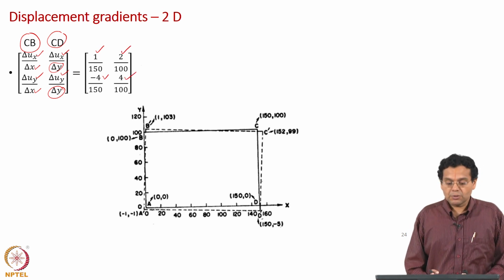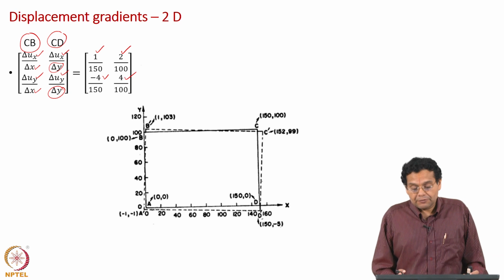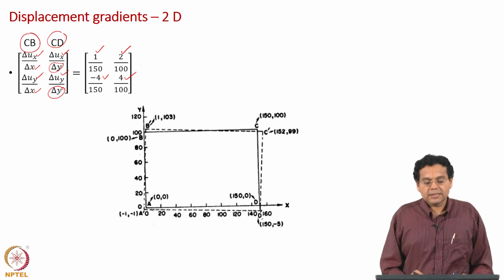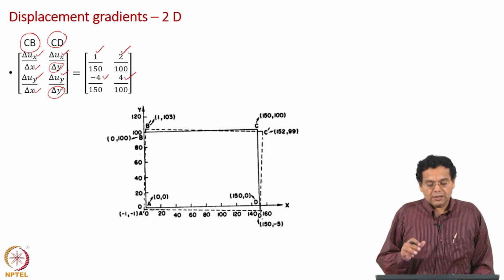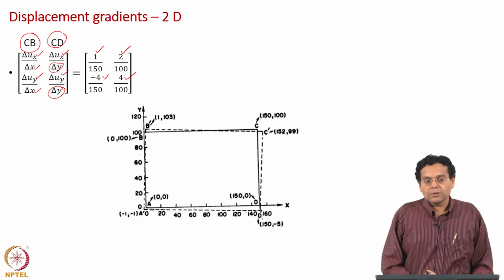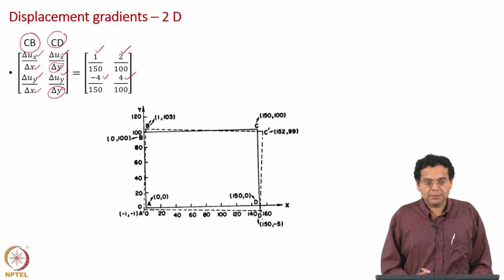Okay. So now what is that we have seen? We have seen a displacement field in 2D and then also discussed displacement gradients for 2D because of two directions along which I can consider particles, two directions along which I can consider displacements, 4 displacement gradients can be found out, and that is what we have done now.